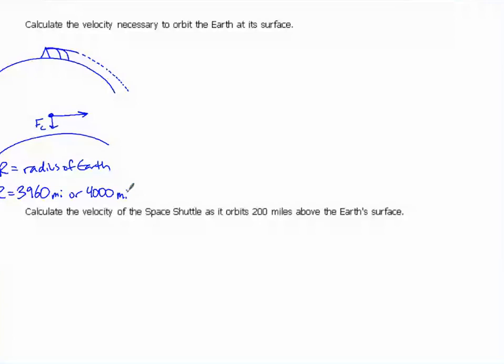So what we need to have is something where the centripetal force is equal to the force of gravity. This is the basis for this question. The centripetal force, the force directed inward, is equal to the force of gravity. And so we know the force of gravity. If we use Newton's second law, the force of gravity is mass times the acceleration of gravity.